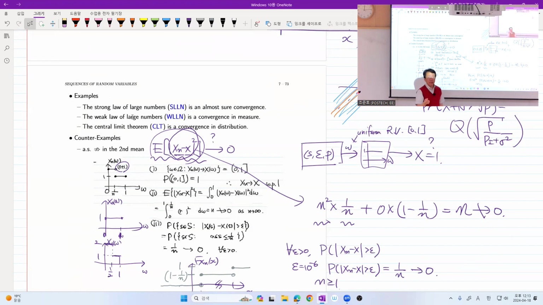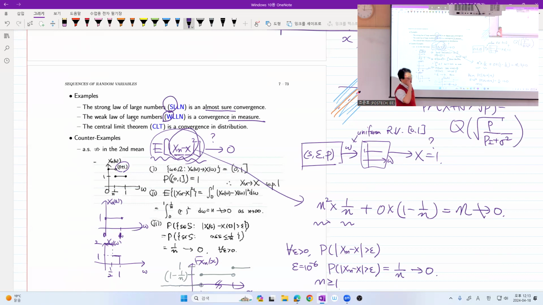And if that sense of convergence is the almost sure sense, the theorem is called the strong law of large numbers. So here, strong means almost sure convergence. The law of large numbers can be proved in a weaker version that uses convergence in measure. In that case, we call it the weak law of large numbers.